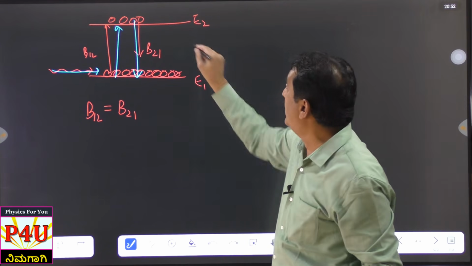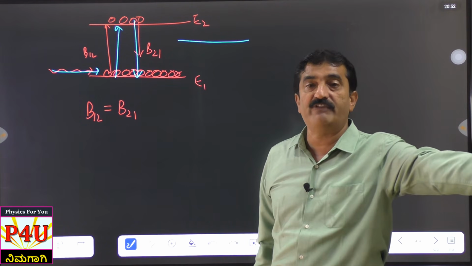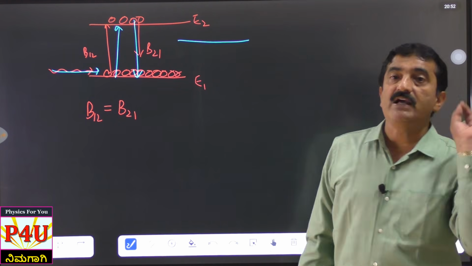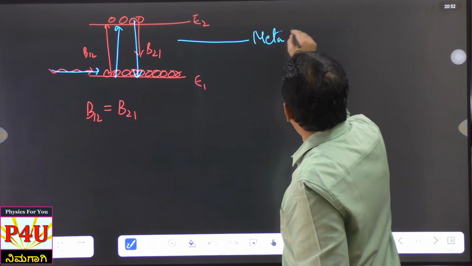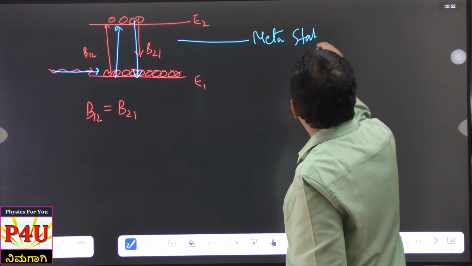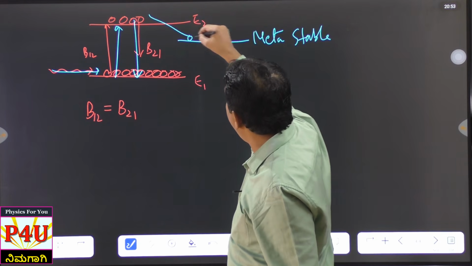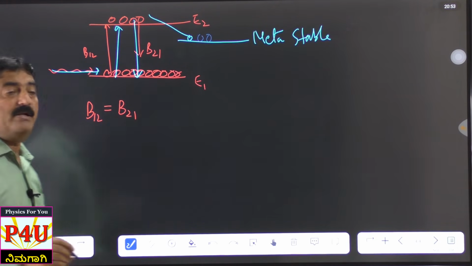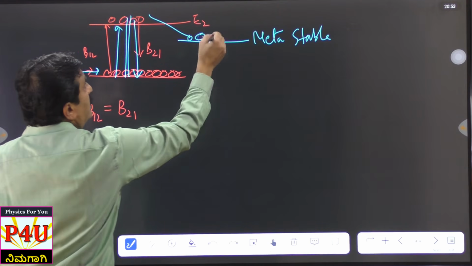Therefore, it is better to have one intermediate level. This is what I told you in the previous video. Einstein's theory tells you about the necessity of another level. That level I already called as metastable level. So when you kick atoms, some of them will come and sit here. Our incident radiation has got equal probability to take from here to there, there to here, not from here to here.